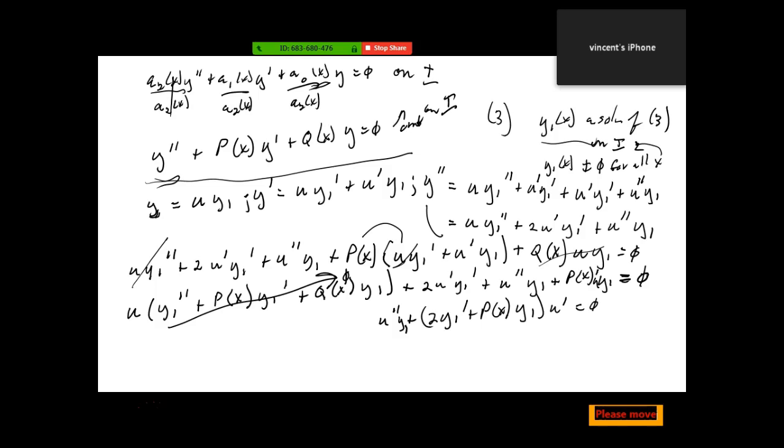Okay. Now, we're going to do the same thing we did on the last problem. Since we lost the u terms here, they all went away because this thing was 0. Let's go with a new function. w is equal to u prime, meaning w prime is equal to u double prime.